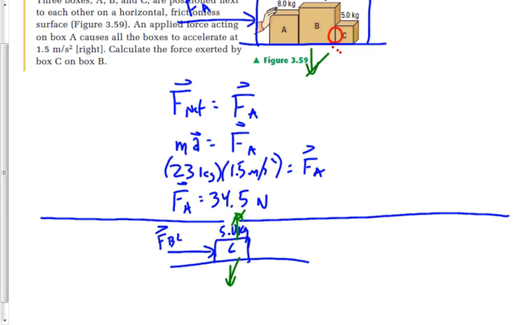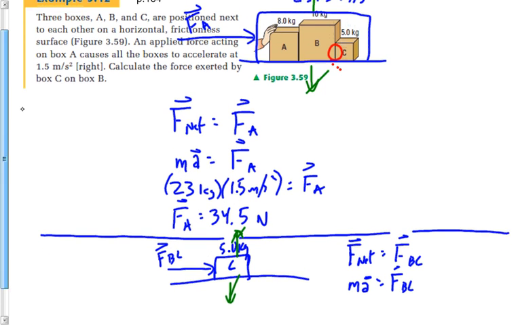So now let's analyze object C only. The net force is equal to the force of B on C. The net force is M times A. What mass do I use? 8? 10? 5?